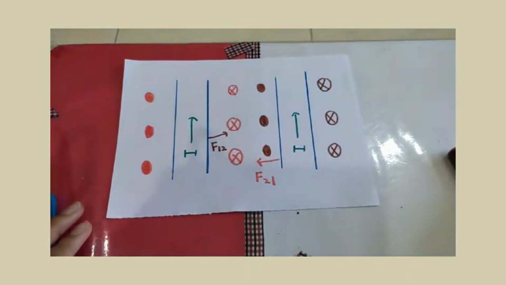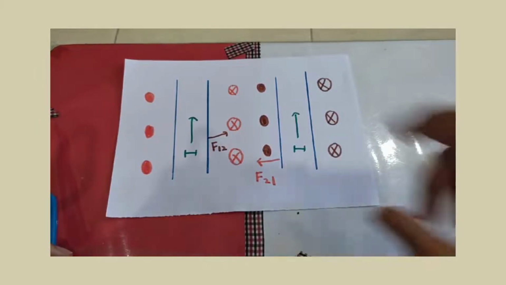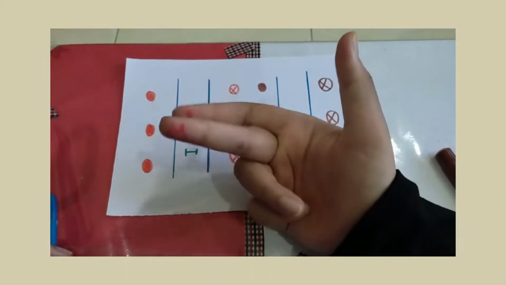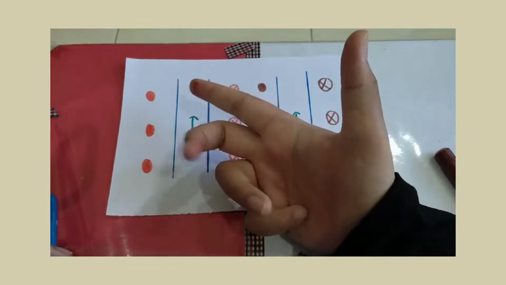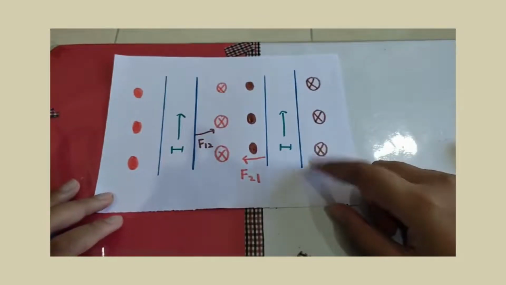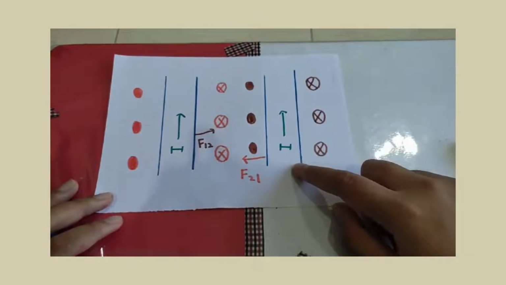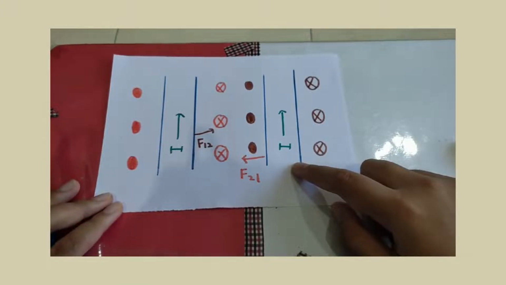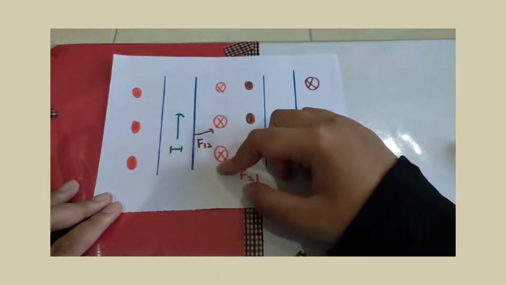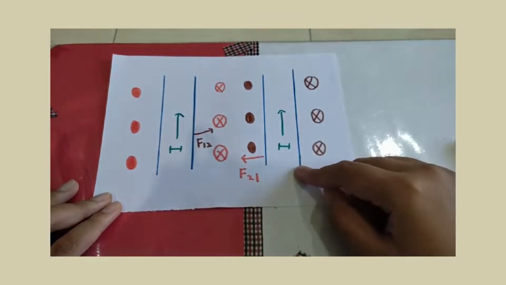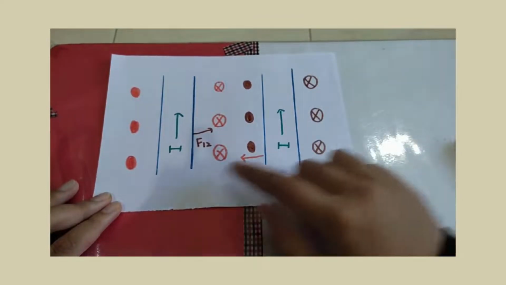In order to find the force, we will use Fleming's right hand rule like this. Make sure these two are perpendicular. This is force, this is current, and this is magnetic field. So in wire 2, we will use the magnetic field direction from wire 1, because wire 2 is experiencing the magnetic field from wire 1.